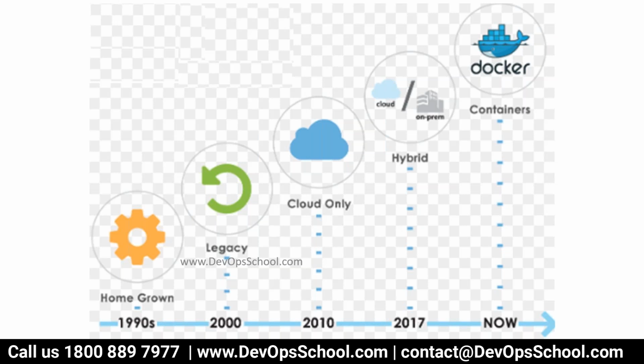Slowly we migrated to cloud, then hybrid. And nowadays, from the last few years, we are running applications in containers. Containers are not persistent, whereas cloud is persistent. You create a few VMs and they will be there, but containers are not persistent.